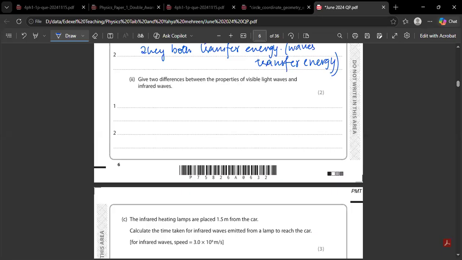Give two differences between properties of visible light and infrared waves. Differences. Infrared waves have longer wavelength.